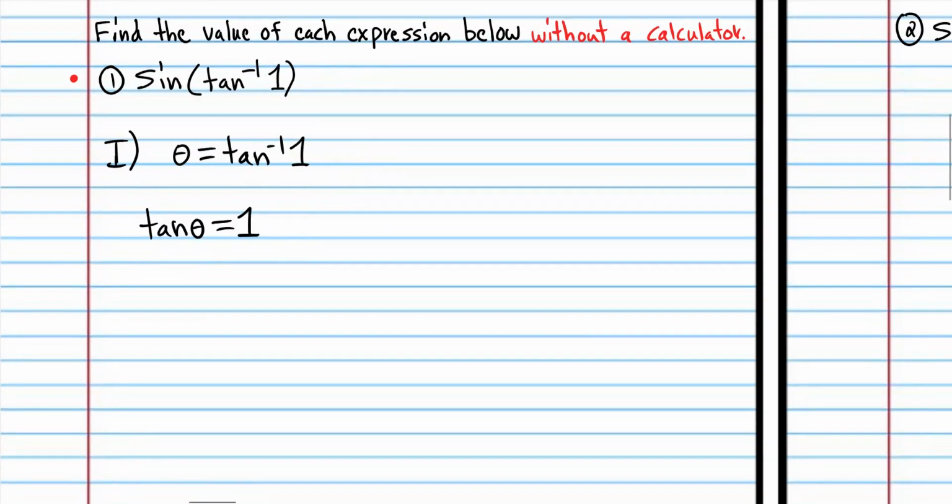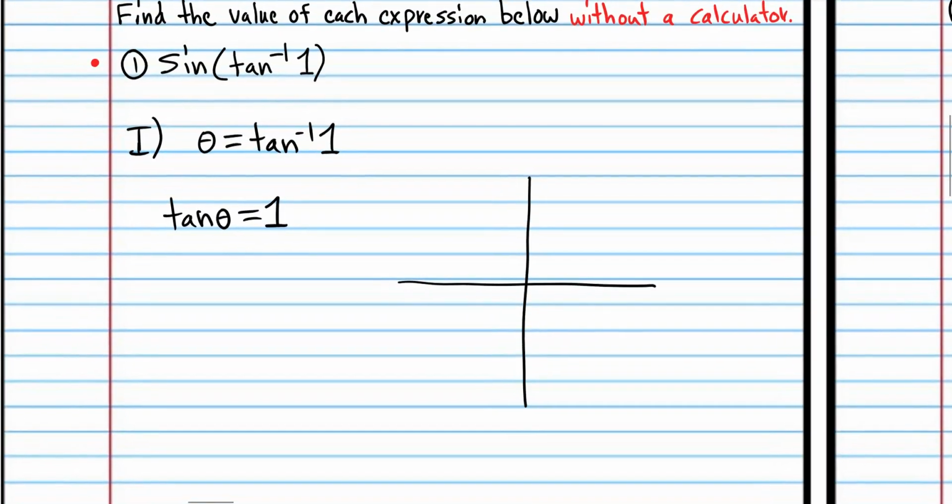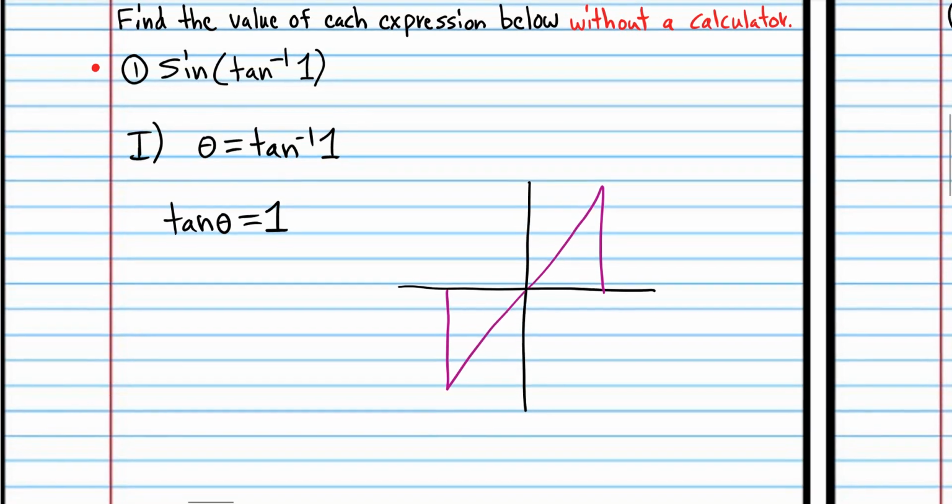So we need to find those angles. So I'm going to draw some triangles, and I know that tangent is positive 1 when the angles terminate in the first and third quadrants. Now 1 is a special ratio. That's x over x in the case of tangent. So we know that we're dealing with a 45, 45, 90 degree triangle.